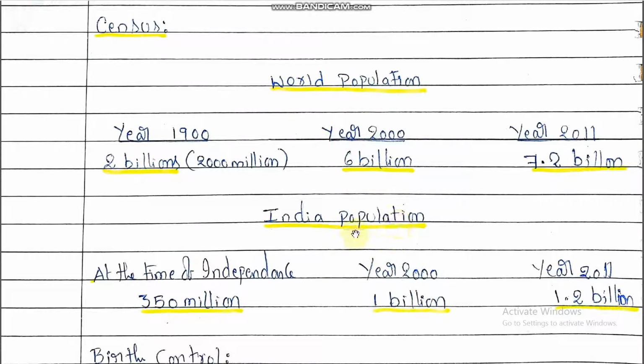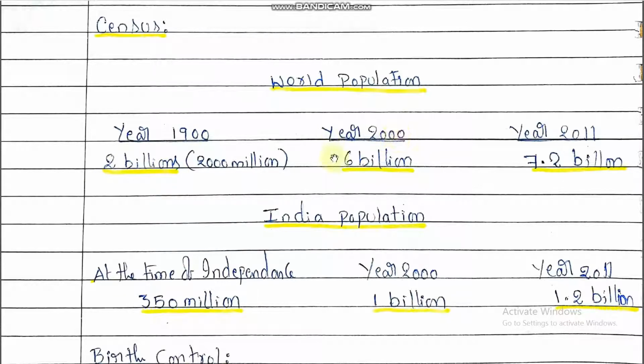Census report of the world and census report of India show how the population rapidly increased, a rocket-like increase earlier. Here you can observe, in the year 1900, 2 billion population, that is 2000 million. 1 billion means 1000 million. 1 million means how many? 10 lakhs.